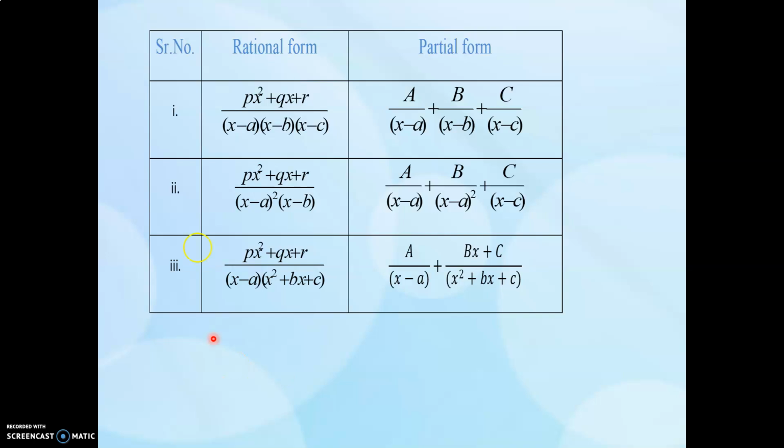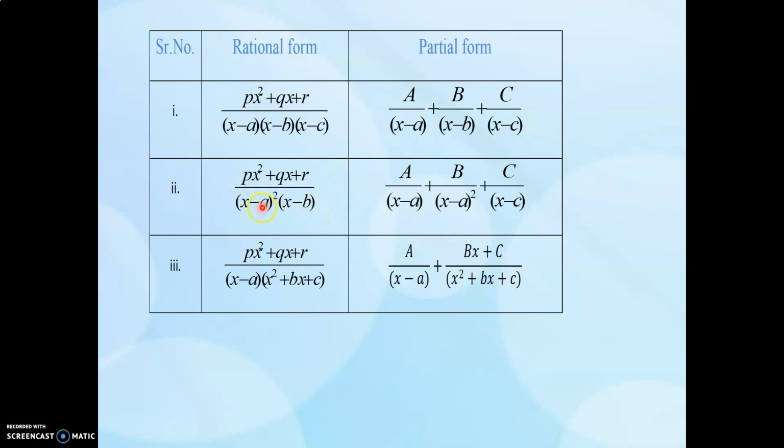Now we'll discuss the rules. Rational form of the term. So if the question is px square plus qx plus r upon x minus a into x minus b into x minus c, then the partial form can be written as A upon x minus a plus B upon x minus b plus C upon x minus c. And px square plus qx plus r upon x minus a whole square into x minus b.